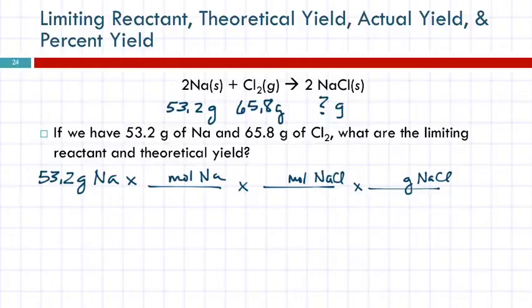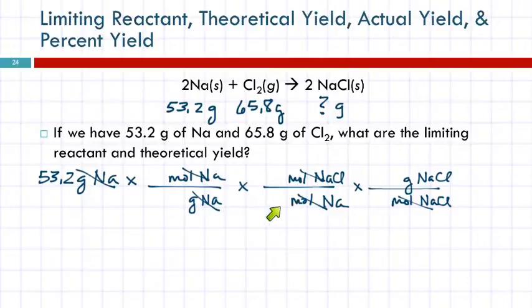The rest of this is just dimensional analysis. I'm going to put the units in so they cancel out. Once you get the hang of it, it's a beautiful thing. So I've got my units working out. Now I need numbers.